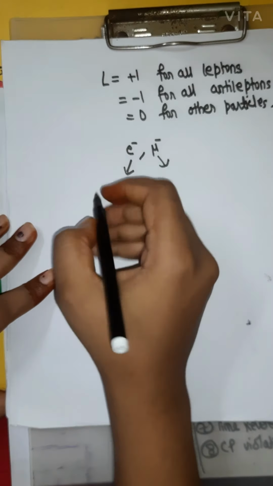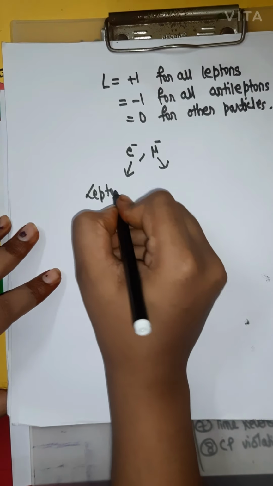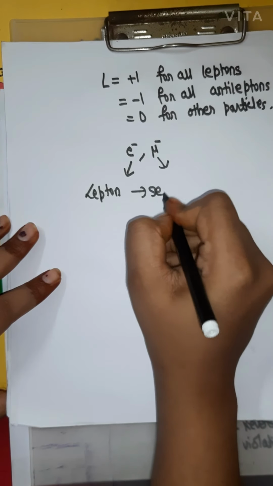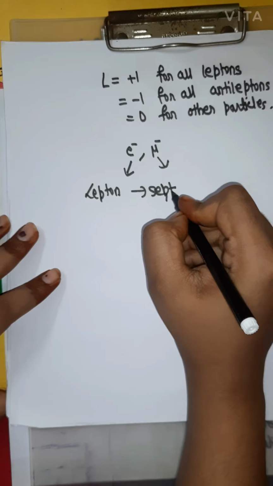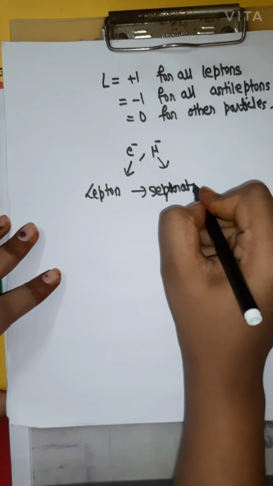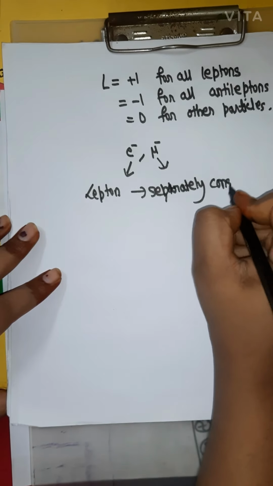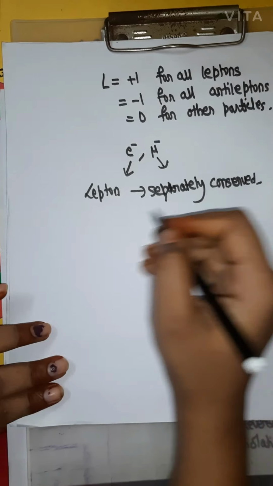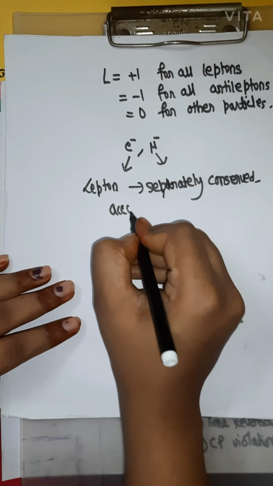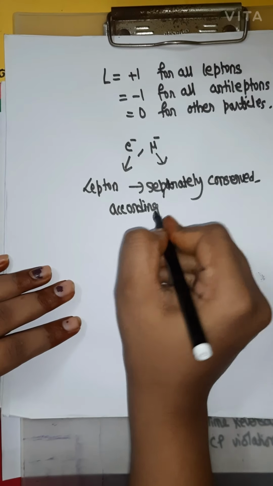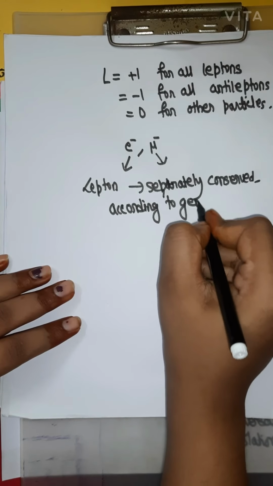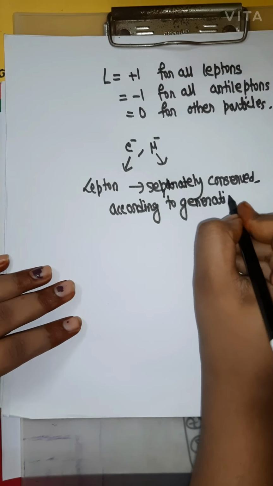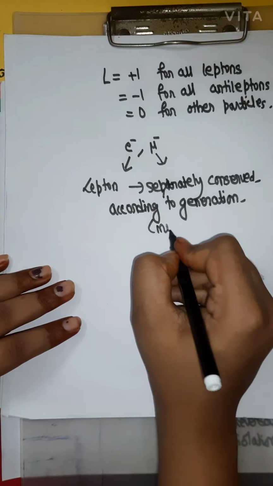That is, lepton number must be separately conserved according to generation. That is, it must be of the same generation.